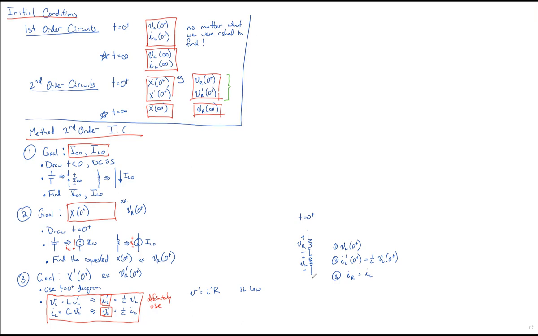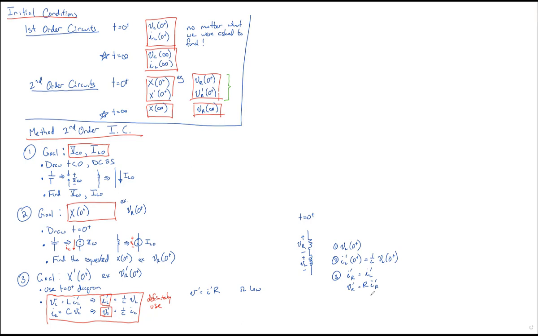And therefore, the derivatives, take the derivative of that equation. The derivative of I sub R has to be equal to the derivative of I sub L. And therefore, by Ohm's law over here, V sub R prime has to be equal to R times the derivative of I sub R.